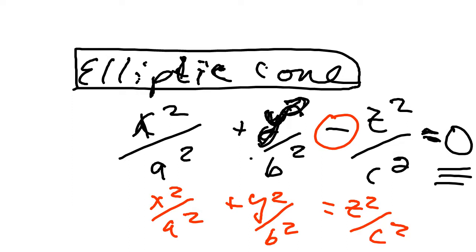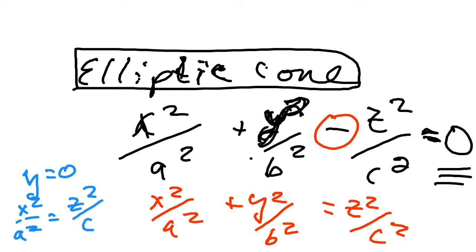And anyway, now I can say, if I let y equals 0, what do you get? You get x squared over a squared equals z squared over c squared. And then, of course, taking the square root of both sides, we get x over a equals plus or minus z over c.